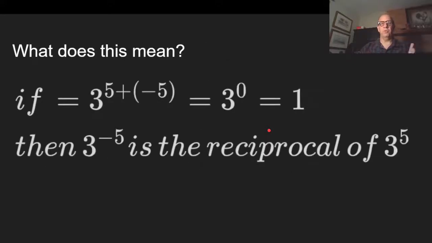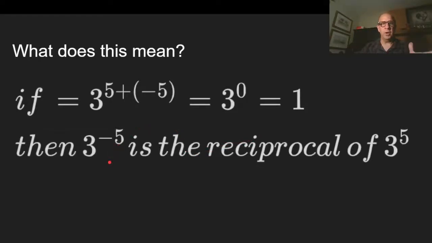We've been used to seeing reciprocals as 1 over the number. If you want to take a whole number and make it into a fraction, you say whole number over 1. And the reciprocal, we just flip it upside down. So if the whole number is 5, then the fraction for 5 is 5 over 1, and the reciprocal of that would be 1/5.